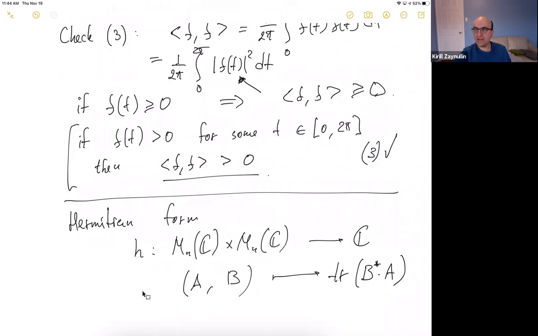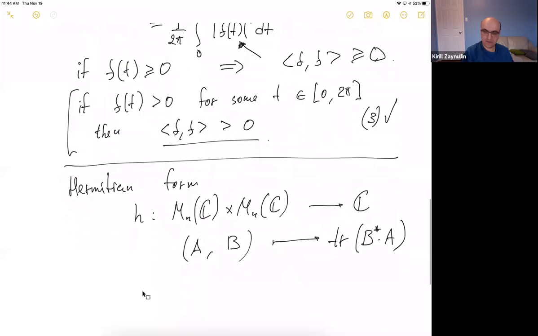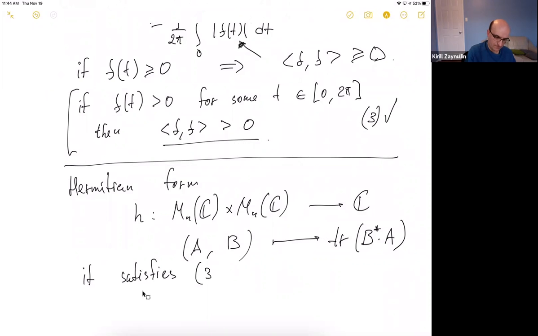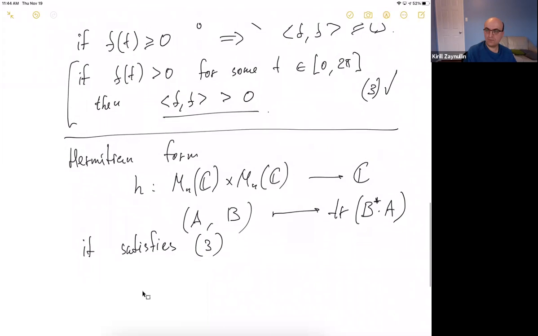Now, what is nice about this Hermitian form is that indeed it satisfies condition 3. So it is indeed an inner product.